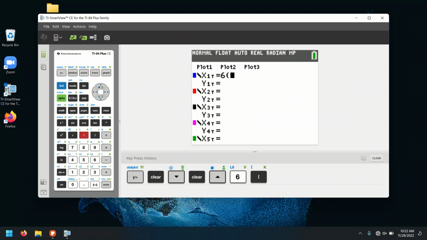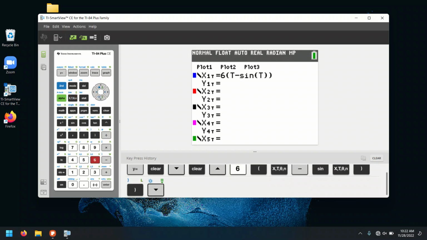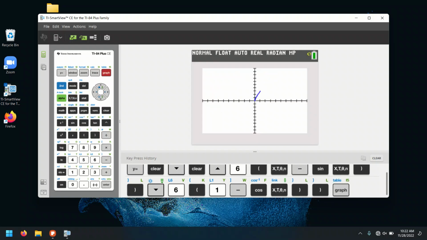Well, notice in this case it's going to go with the variable t, because that's the dummy variable for parametric in the graphing calculator. So that's t minus sine t, and 6 times 1 minus cosine t. Okay, let's see.